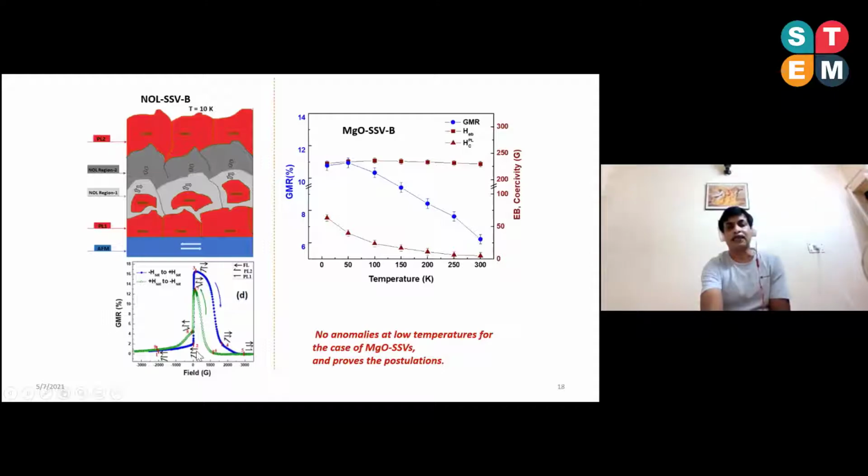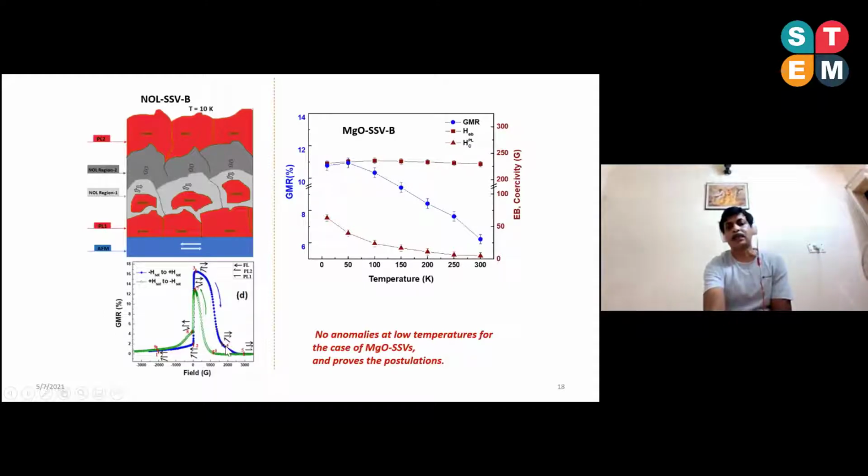When we measure the overdosed samples, starting from the blue curve at negative fields, at point 2 the free layer changes its orientation, then at point 3 the pinned layer starts rotating, and then comes point 4.